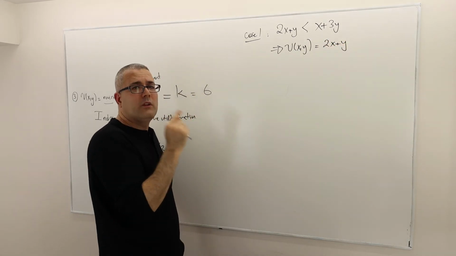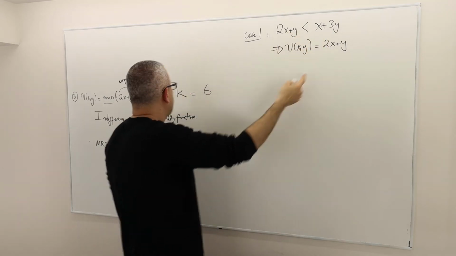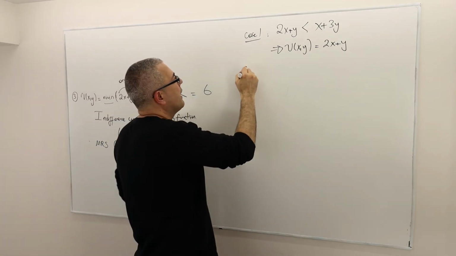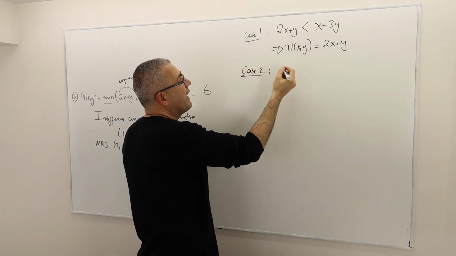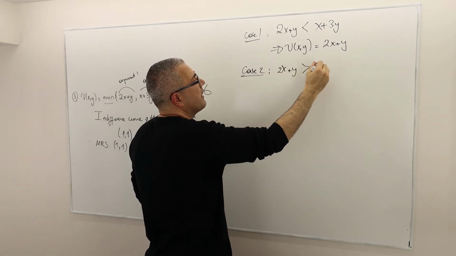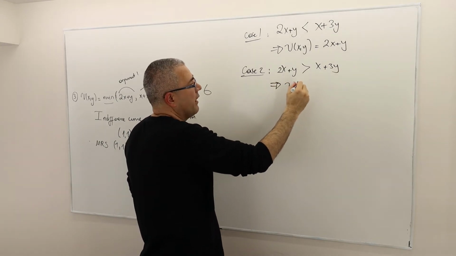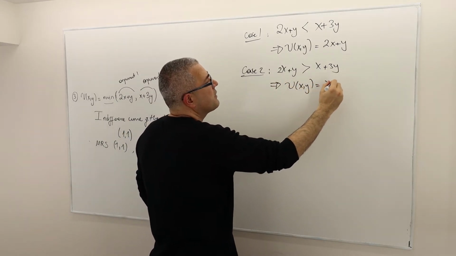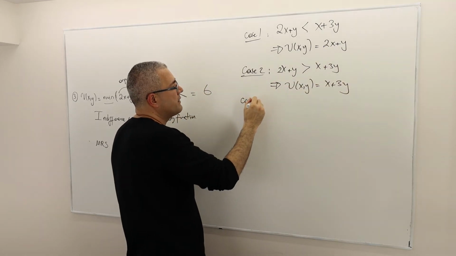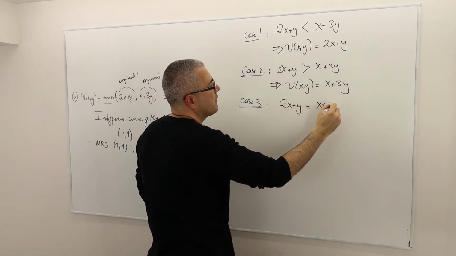For all x and y where this is less than this, my utility is the first argument, the minimum. Case 2: x and y could be such that 2x plus y is greater than x plus 3y. It's possible. In this case my utility function is x plus 3y, because this one is the minimum. And finally case 3: 2x plus y is equal to x plus 3y.